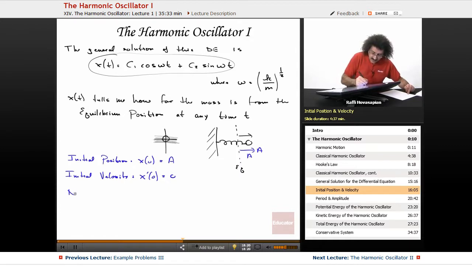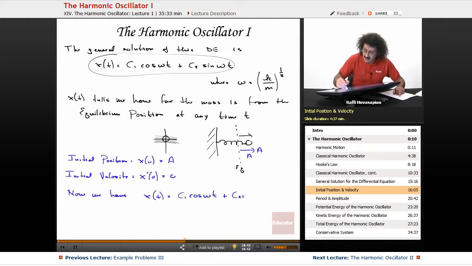Now we have our equation, which is x of t equals c1 times cosine of omega t plus c2 times the sine of omega t.